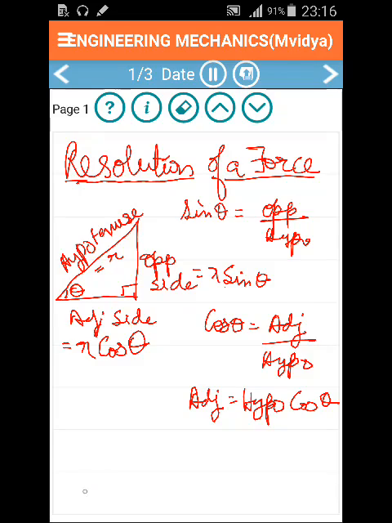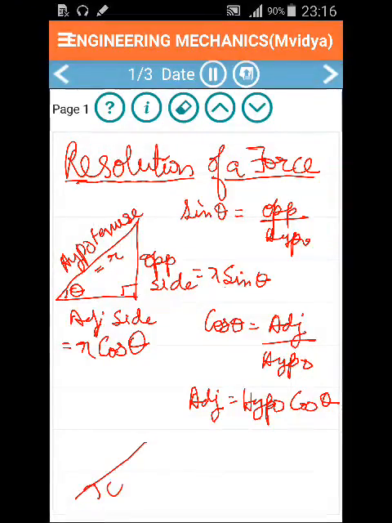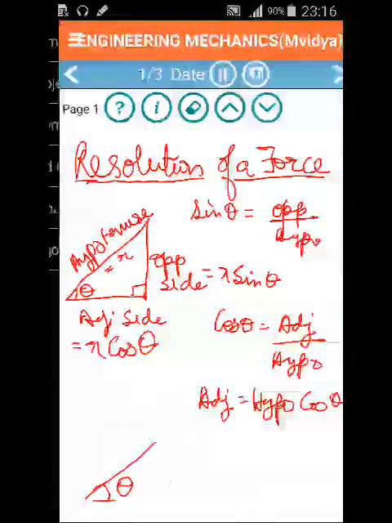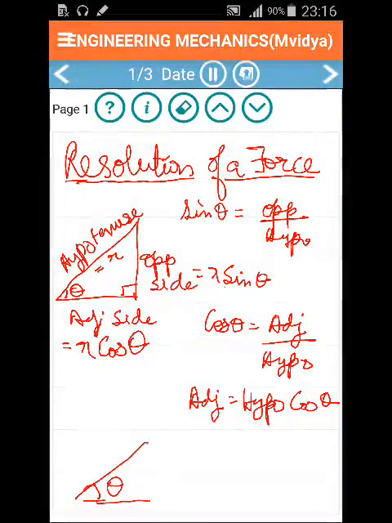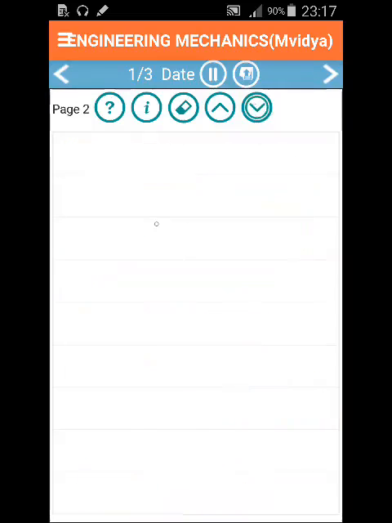So if I have any line like this, if this angle is theta which it makes with this, if I drop a perpendicular, if this is r, the opposite side is r sine theta and this adjacent side is r cos theta.